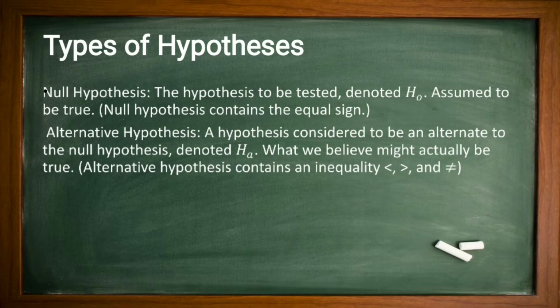Okay, so another example. It is believed that a candy machine makes chocolate bars that are on average 5 grams. A worker claims that the machine, after maintenance, no longer makes 5-gram bars. State the null and alternative hypothesis.